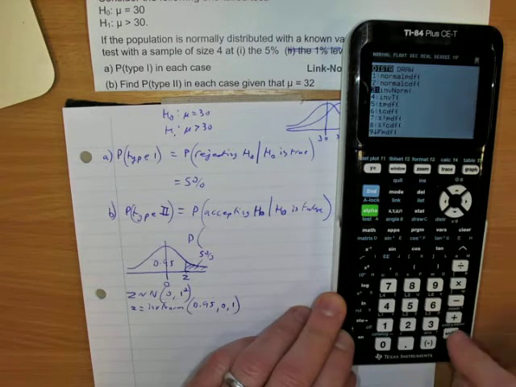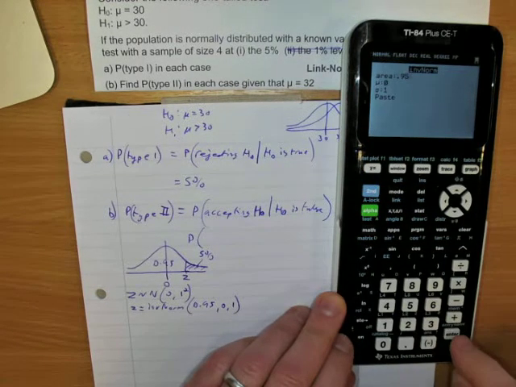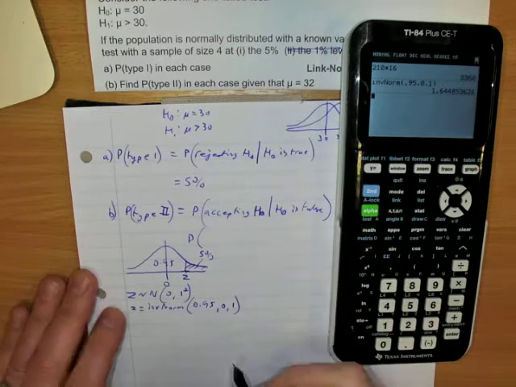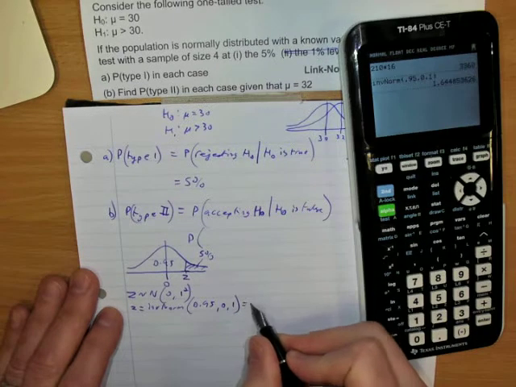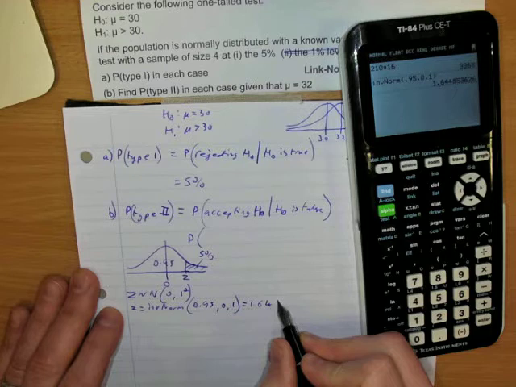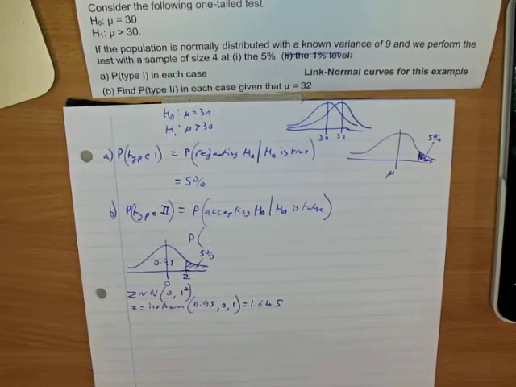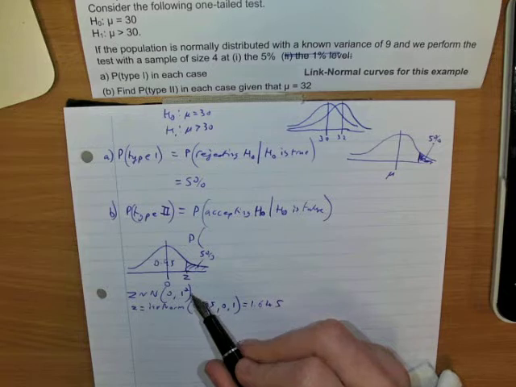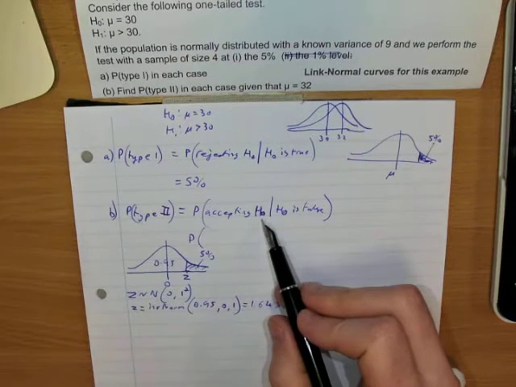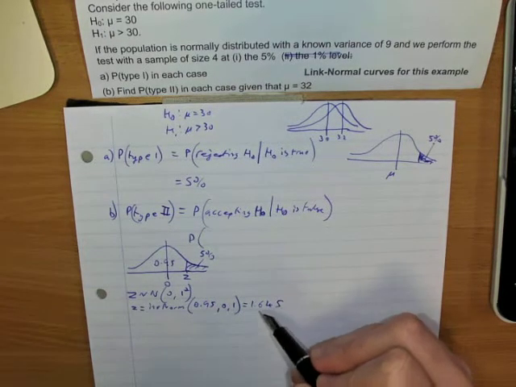So our Z value is 1.645. So we're going to accept H0 if we get a Z value of less than this.